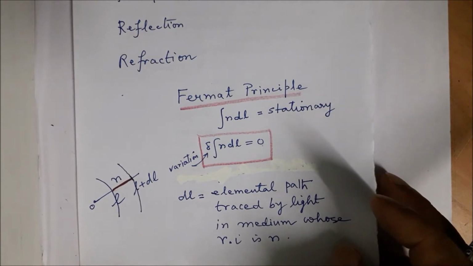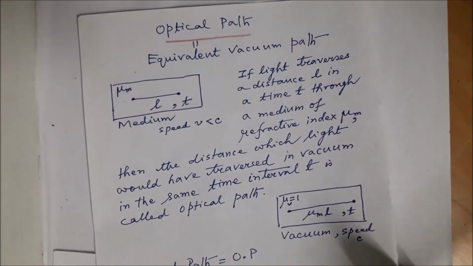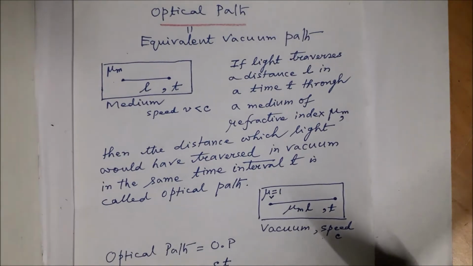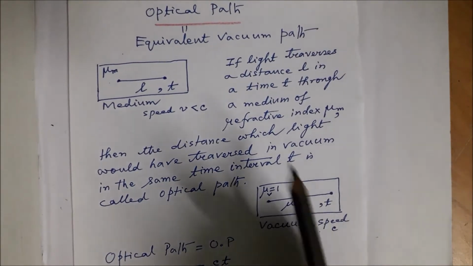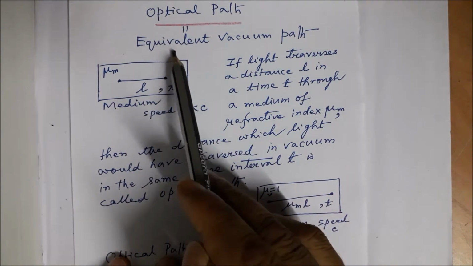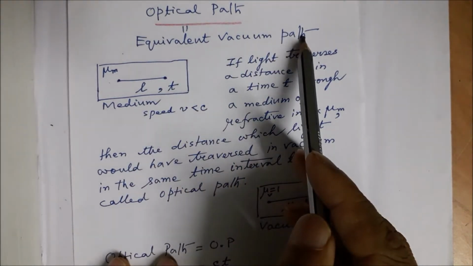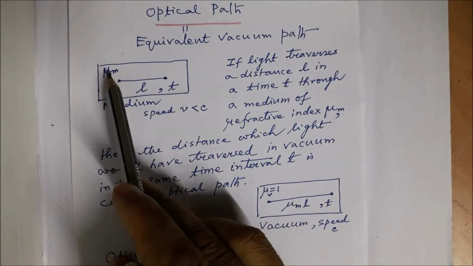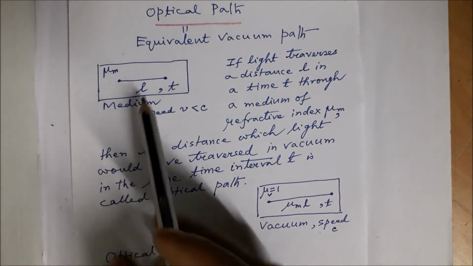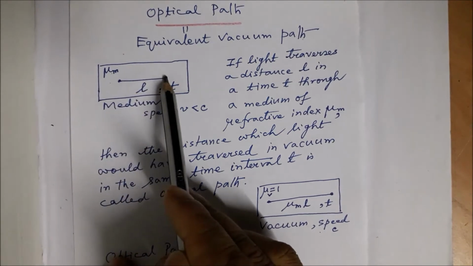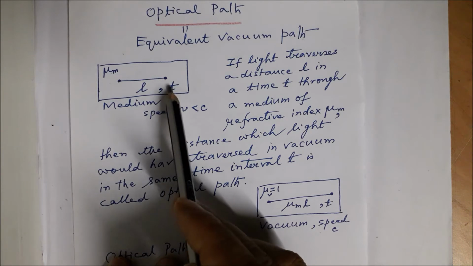Let me now define what we mean by optical path, because this will be used in physical optics also. Optical path is also called equivalent vacuum path. So if we consider a medium having refractive index μm, in which suppose light traverses a distance L in time t.